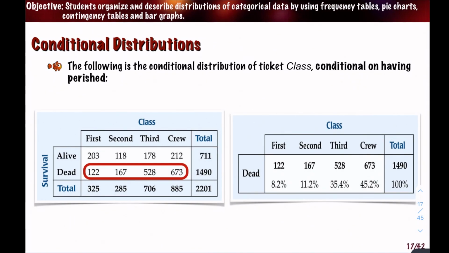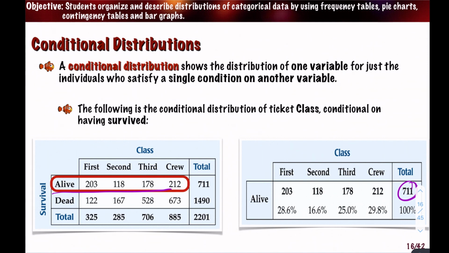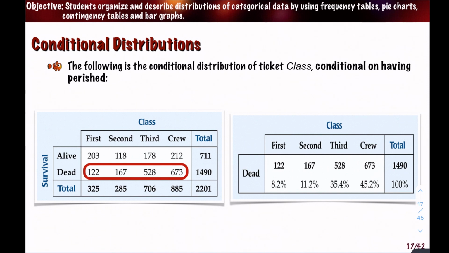The following is the conditional distribution of ticket class conditional on having perished. Notice that the first one was looking at ticket class conditioned on living. The second is the conditional distribution for ticket class conditioned on dying.